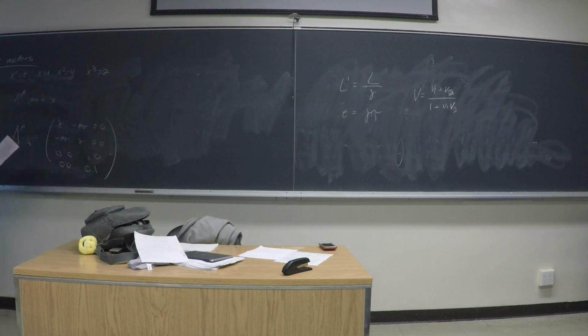I will write it once, but after that it will always be assumed. So this is mu and nu, because each one of them goes from 0 to 3. It's the column. And so you will have a contravariant and a covariant vector. These are just names of vectors. This is Einstein's summation that I will show you.